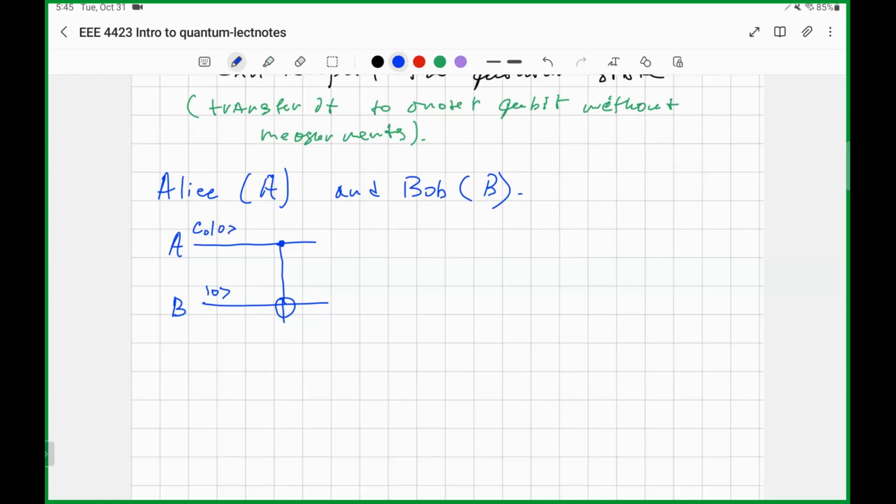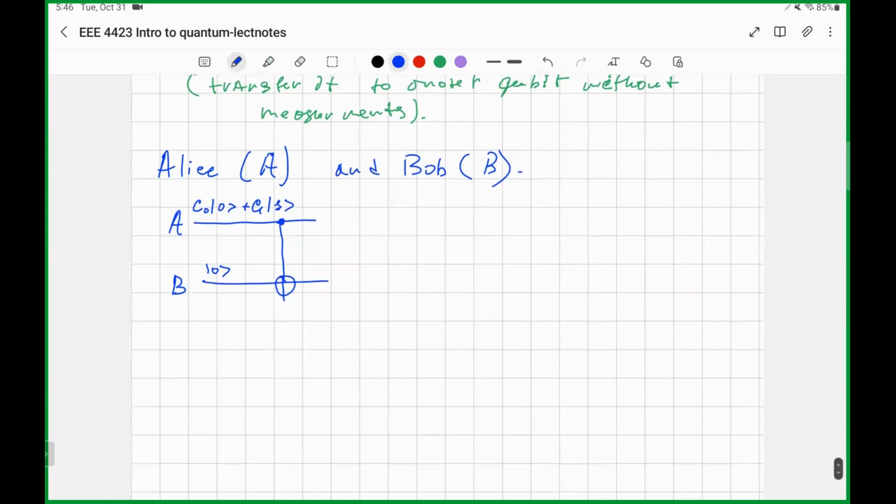It's C0 state 0 plus C1 state 1. Before the CX gate, in the first layer of the circuit, the actual state is the tensor product of the two, right?